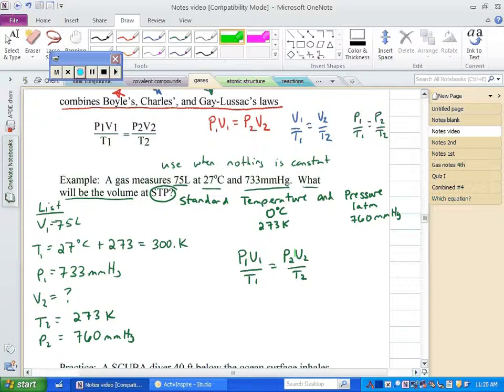V2 is our unknown, so we have to do the algebra to get rid of it. So we've got to divide both sides by P2. So here on the right it cancels. We've got to multiply both sides by T2. So on the right it cancels.